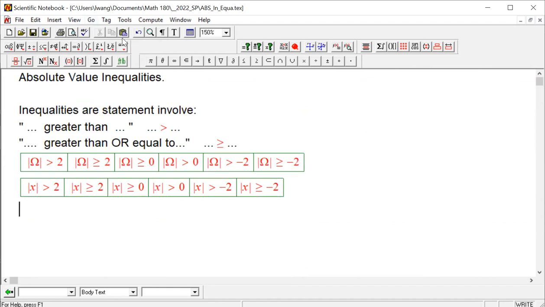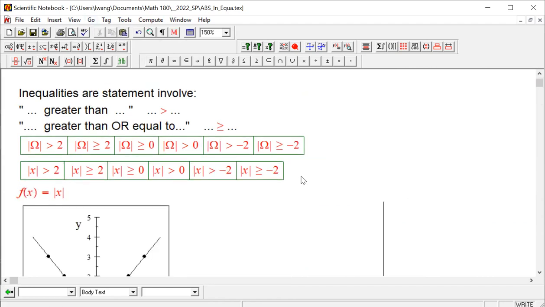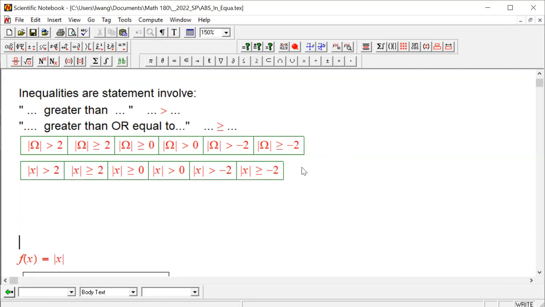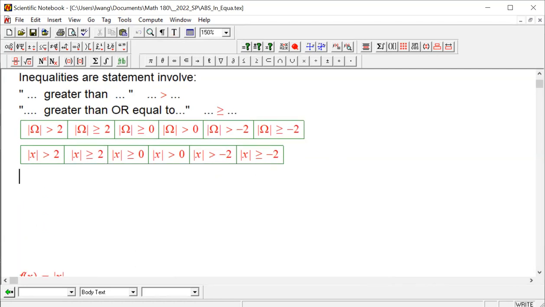We bring these two at our disposal. So, example number one: solve for x. The inequality we already set up, and we're going to do this one.